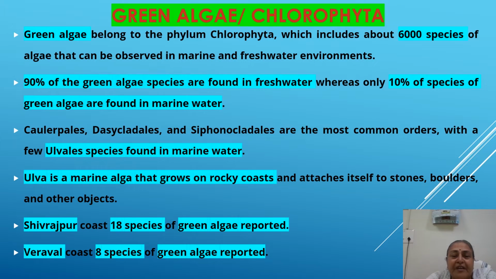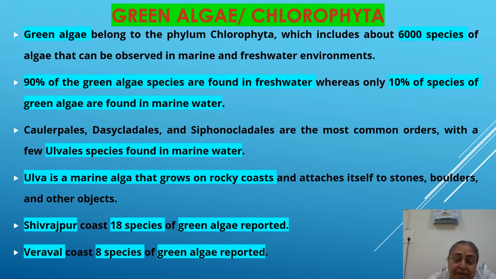So friends, let us talk about a particular marine algal group, that is the green algae, which belongs to Chlorophyta, some characteristics and the availability on the Gujarat coast. The green algae belong to the phylum Chlorophyta, which includes 6,000 species, and can be observed in marine as well as freshwater environments. 90% of the green algal species are found in freshwater.